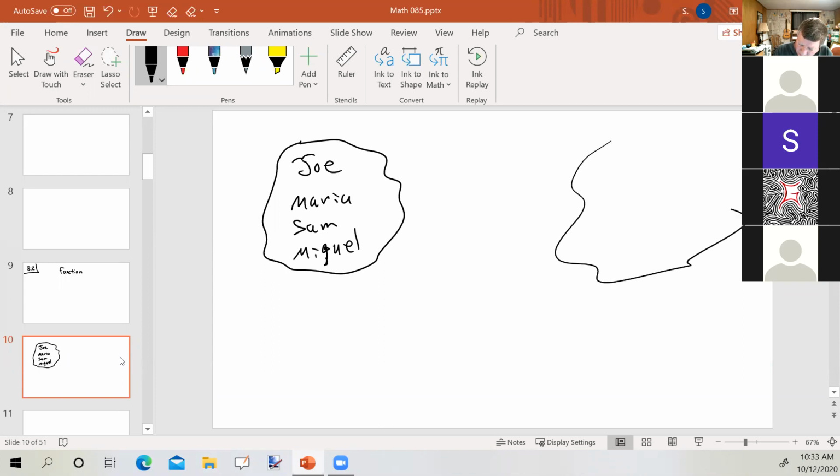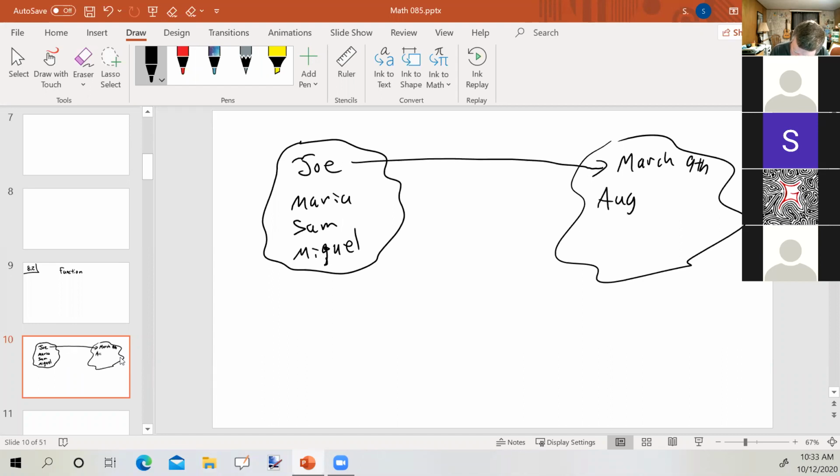And over here we have their birth dates. Joe's birthday is March 9th. And Maria's birthday is August 17th. Sam's birthday is also August 17th, and Miguel's birthday is June 29th.